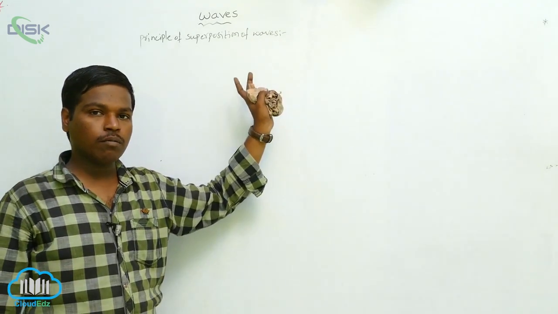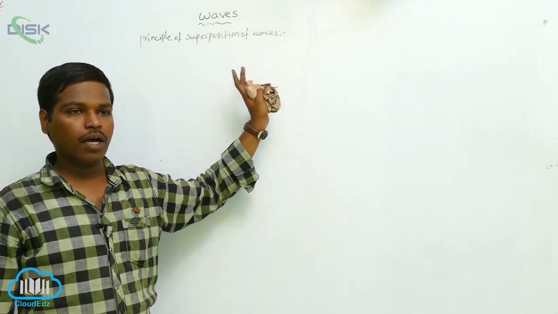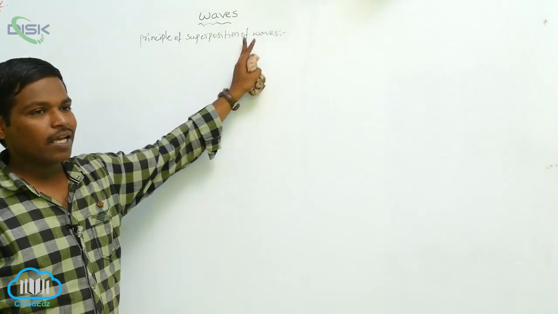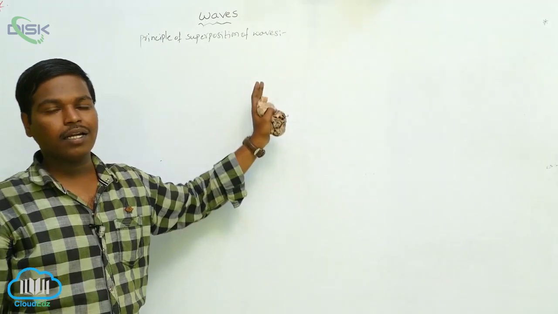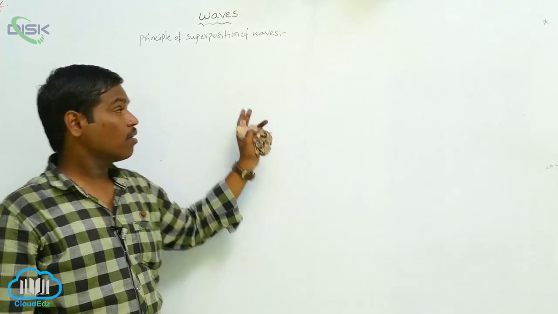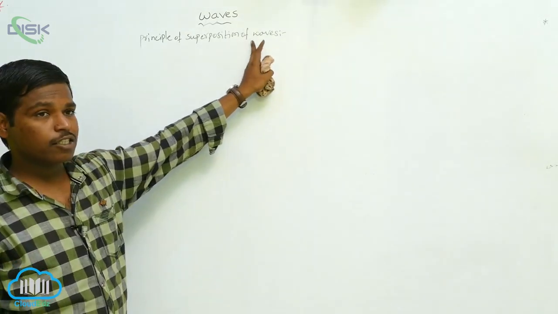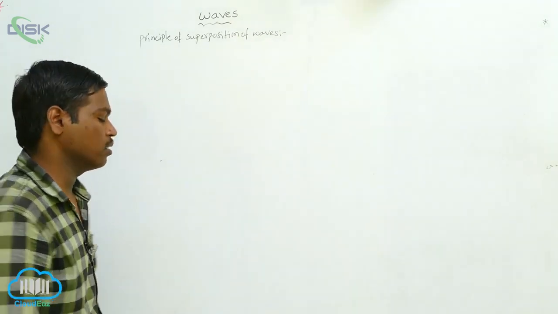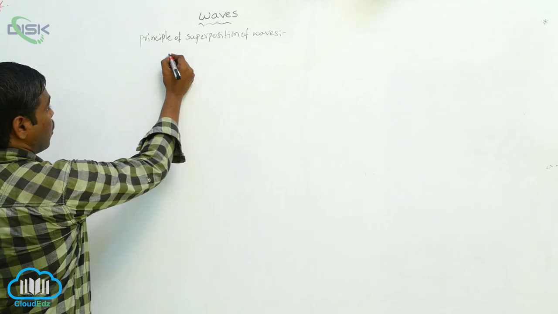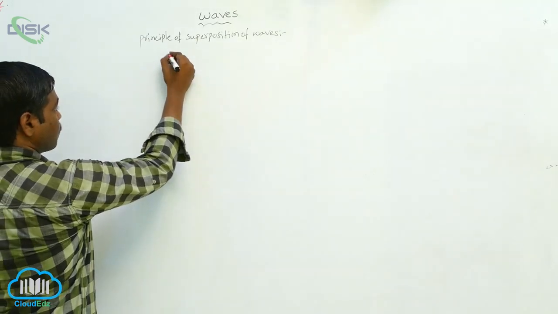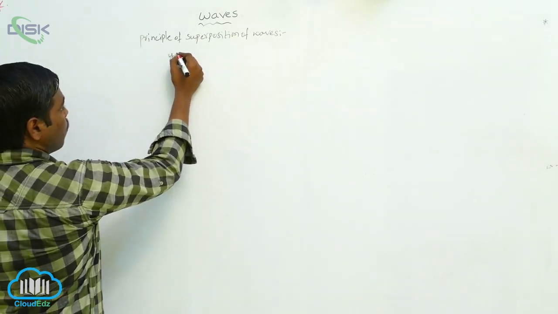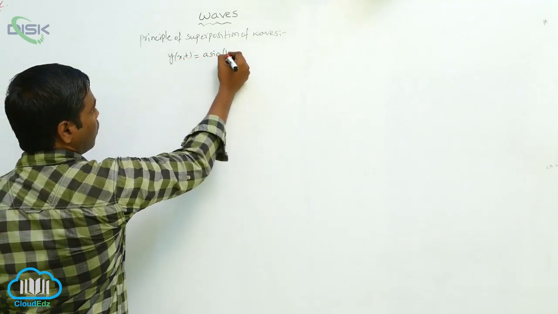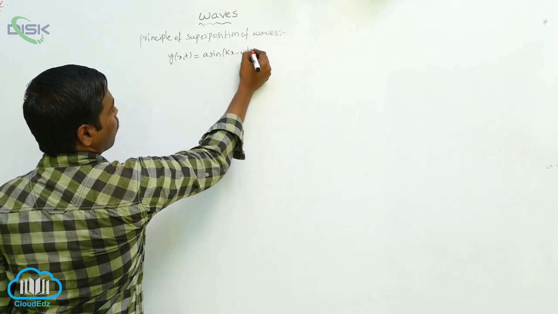Now here I am taking a wave, y is equal to y of x comma t is equal to a sin(kx minus omega t).